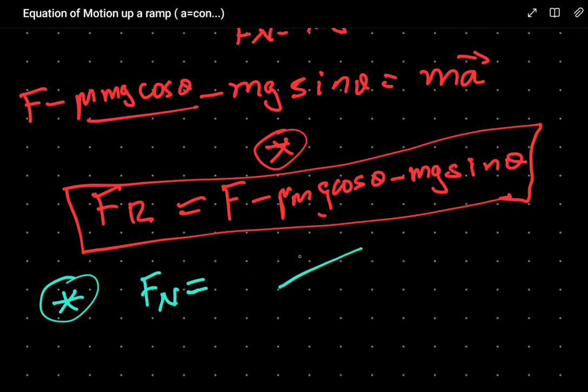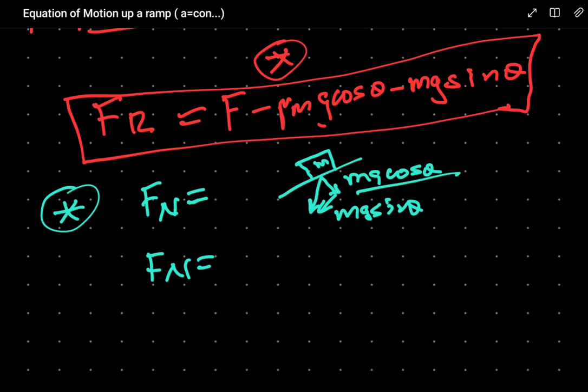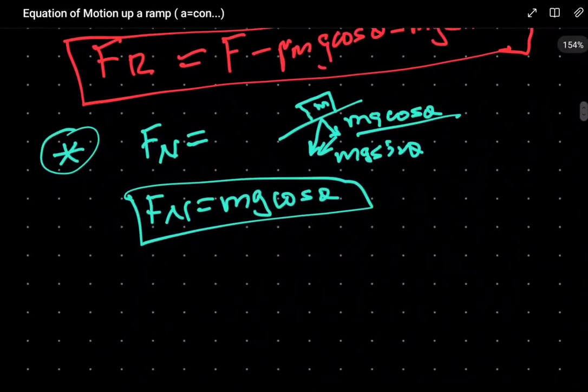If the mass is like this and the weight is vertically downward, the mg cos theta component presses the surfaces together, so Fn is always the cosine component of the weight, and the sine component, mg sine theta, acts down the ramp. So the normal force for a ramp is the mass times gravity times the cosine of the angle.